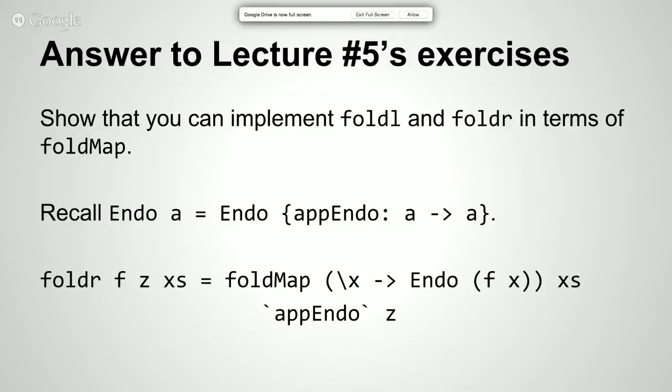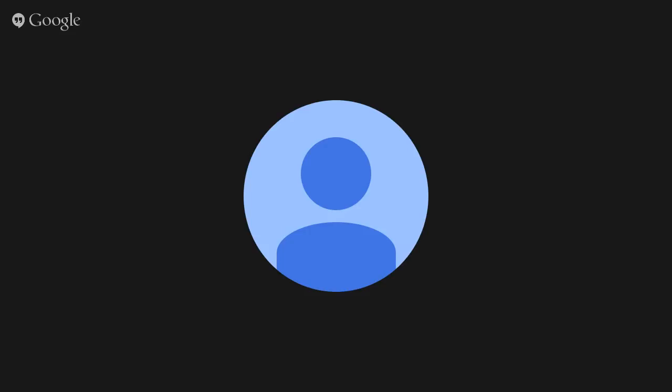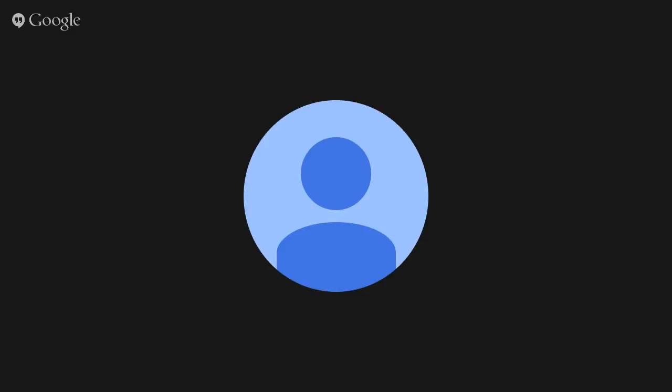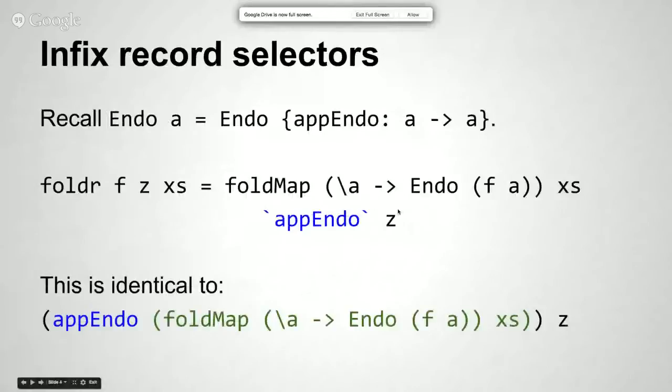You turn the xs in the list into Endos on the accumulator type, and you'll sometimes see that I use, particularly with these field getters, with a lot of these wrapper types, I put the field's name in infix, and since it's just a function, that's fine.